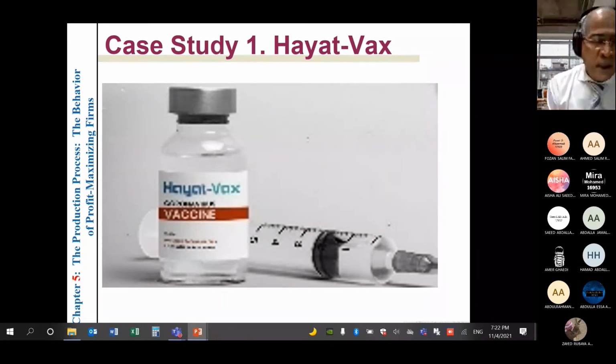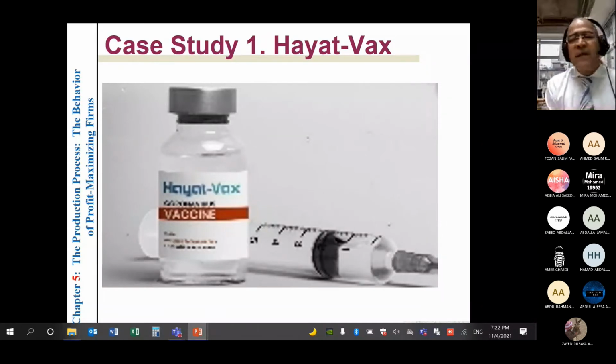This consultancy company doesn't have resources, capital and labor. So they made the agreement and they are in a hurry. They don't have time to build a new plant because they are in a hurry to produce the vaccine. So they sought help from Julphar.